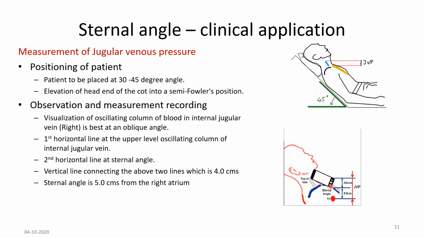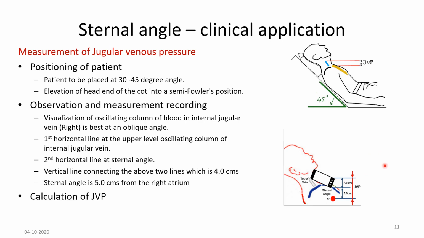And the sternal angle is 5 centimeters from the right atrium. So the distance from the right atrium to the sternal angle is 5 centimeters, and the distance between the sternal angle and the upper column of the internal jugular vein is 4 centimeters.